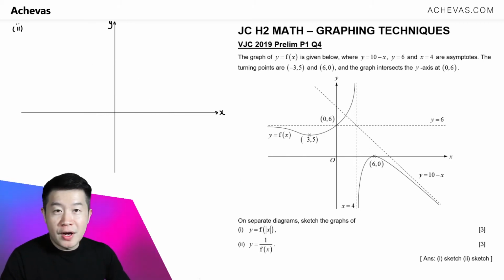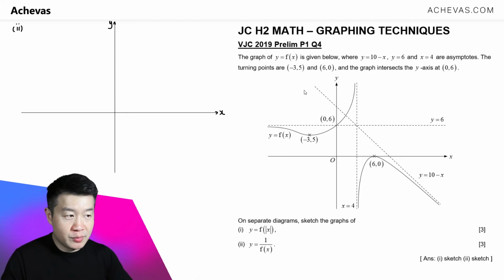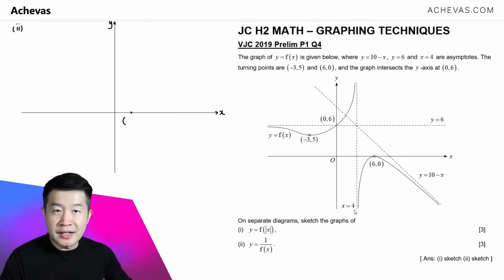For this graph, y is equal to 1 over f of x. I'm going to make use of the sequence of consideration that I've discussed on the Achevas TV. So the first thing that we want to consider are all the asymptotes. Vertical asymptote x is equal to 4 will become an x-intercept. So it's going to become a point that's going to be on the x-axis, and x is equal to 4 will become 4, 0.